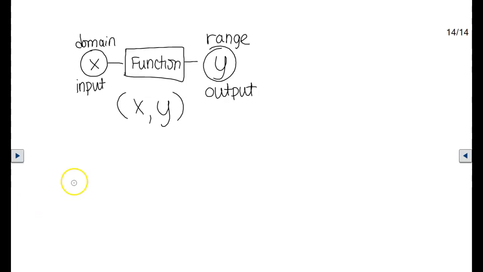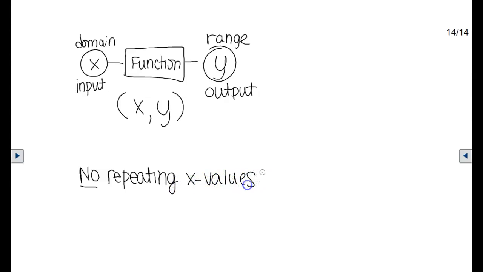In a function, you want no repeating x values. So that means all x's must be different.